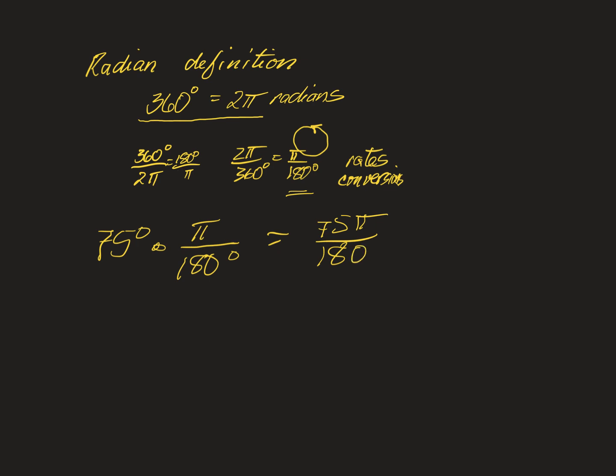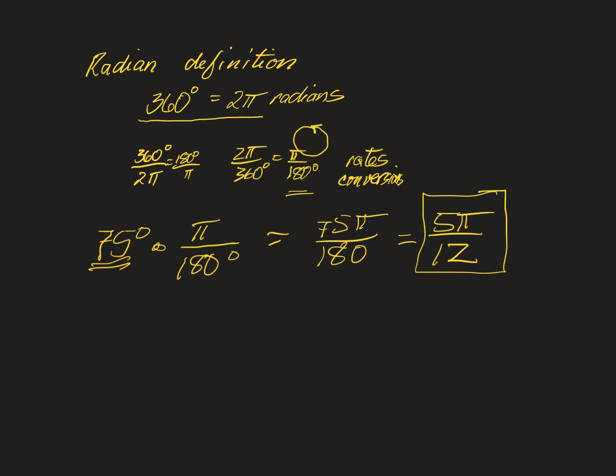And then I simplify this a little bit. So 15 goes into both of these. 15 goes into 75 5 times, so this is 5 pi. And 15 goes into 180 12 times. And so 75 degrees is 5 pi over 12 radians.